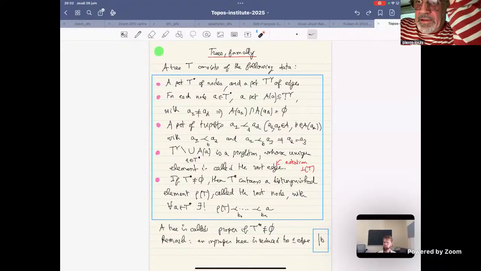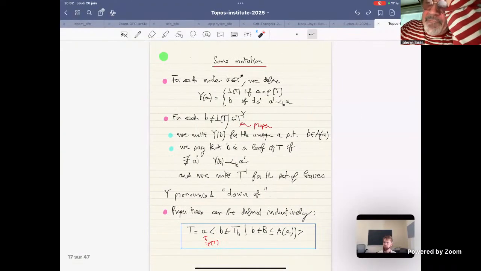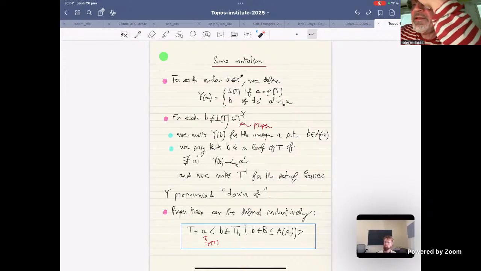Okay, and the last thing I need for the sequel is a notation for recursively manipulating trees. So a tree whose root is A can be written in the form of a term, if you want.